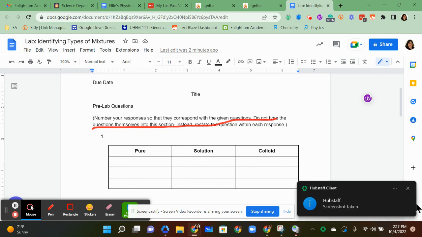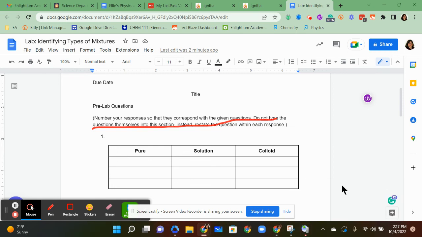For example, pure means that it is a substance. So when we talk about substances, we use the word pure. Why? Because you're dealing with elements and all the atoms are the same kind, and you're dealing with compounds. So pure means you have an element, you have a compound.